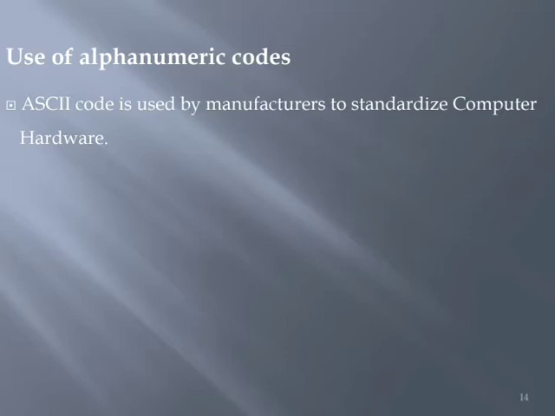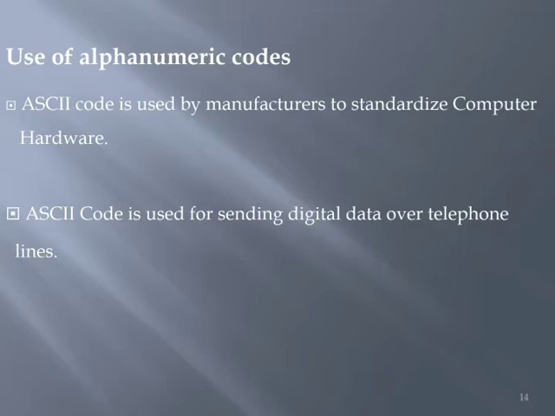ASCII codes are mainly used to define the binary code for the digits 0 to 9, alphabets A to Z and special characters used in data entry of computers. ASCII code is used for sending digital data over telephone lines, and another alphanumeric code is called EBCDIC, which is used by IBM computers.